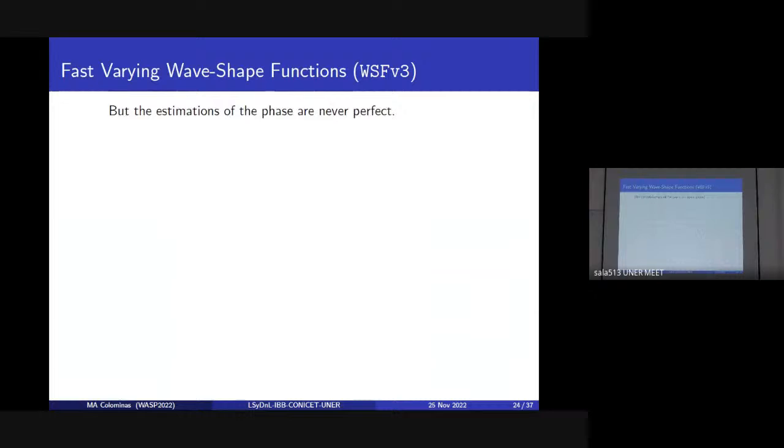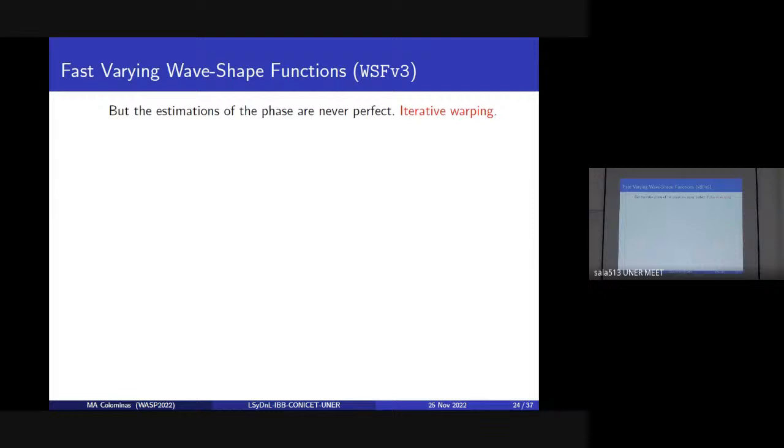An extra difficulty is that the estimations of the phases are never perfect. So you estimate the phase, you go to the warping step, and you think you're happy. Now I will use this phase, I will segment my signal, I will cluster. No. Normally, these estimations are never perfect, but what you can do is iterate.